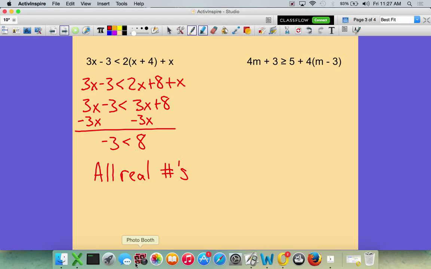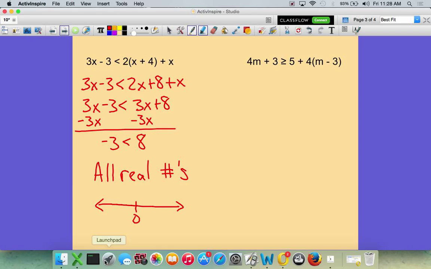If that were false, that would be something different. To graph all real numbers, that is the easiest graph you can do. It is a line with arrows on both ends showing that it's the entire graph.